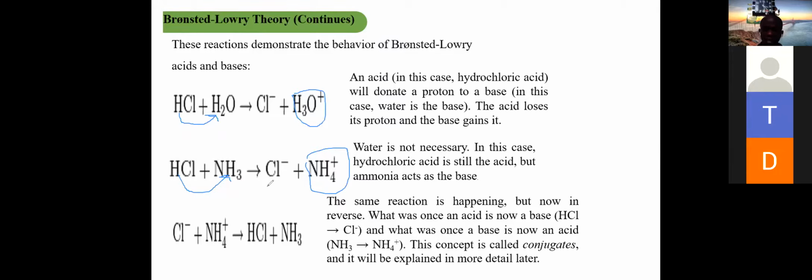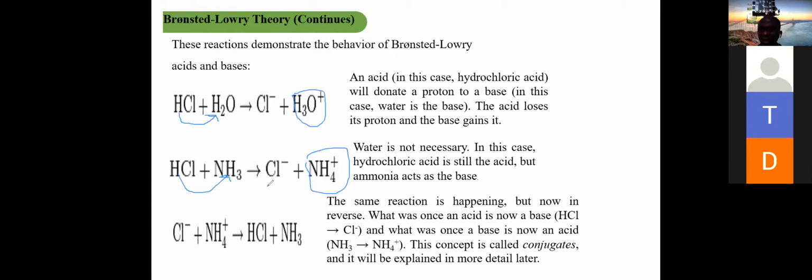But when you are writing it to show a Bronsted-Lowry acid, you have to add water. That's the easiest way of writing any compound to act as a Bronsted-Lowry acid. Very, very easy. Just add water to the compound and let the compound donate one hydrogen to the water. That's all. You have made that compound behave as a Bronsted-Lowry acid.